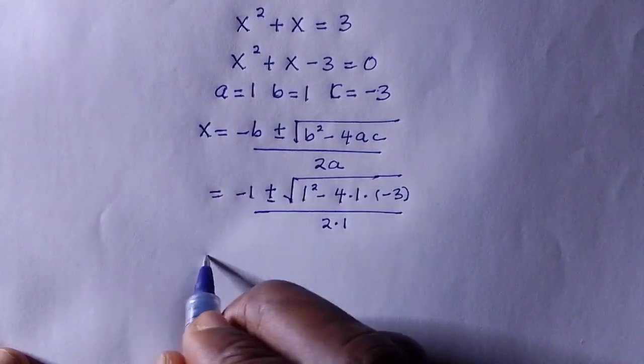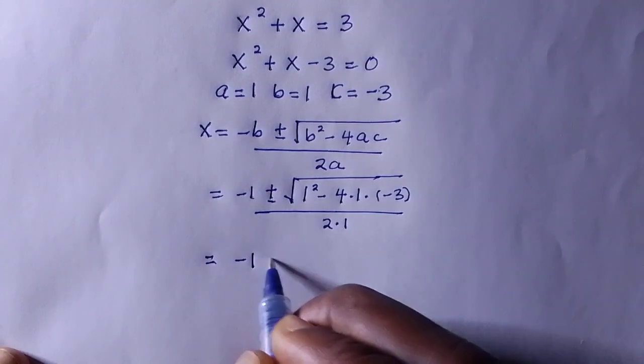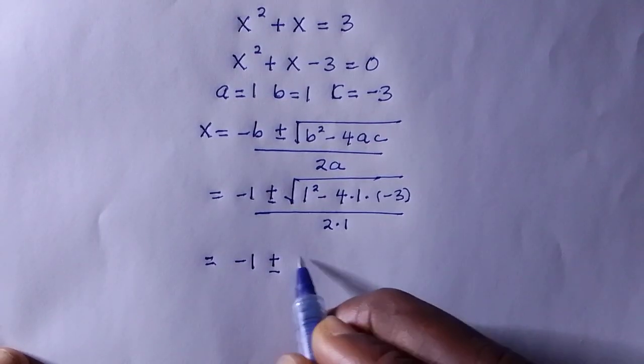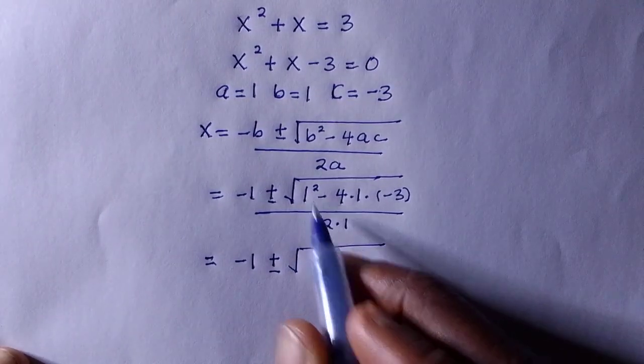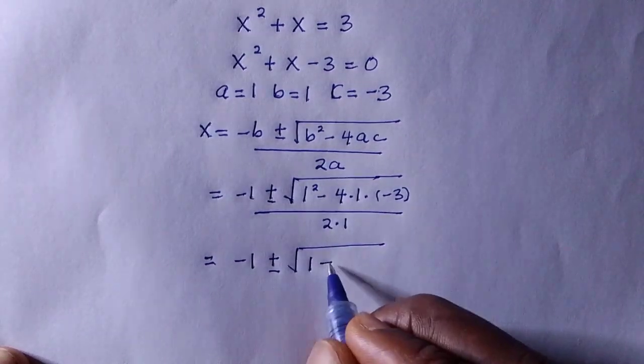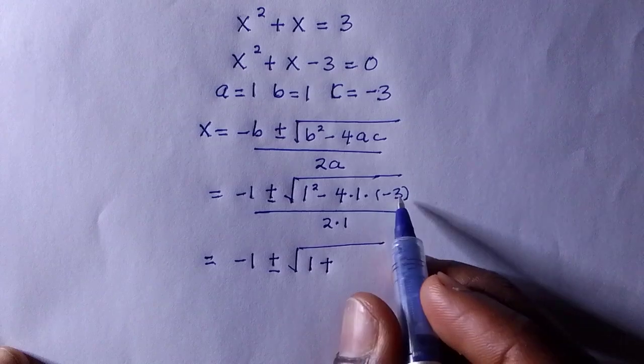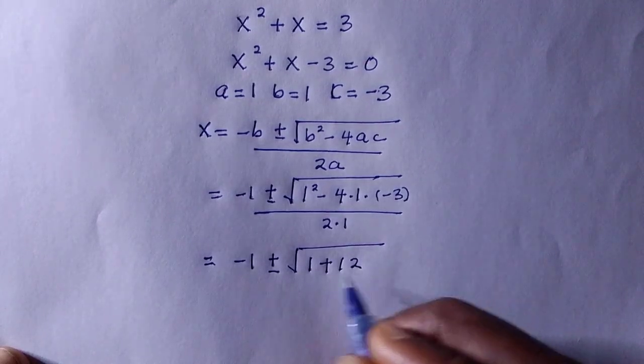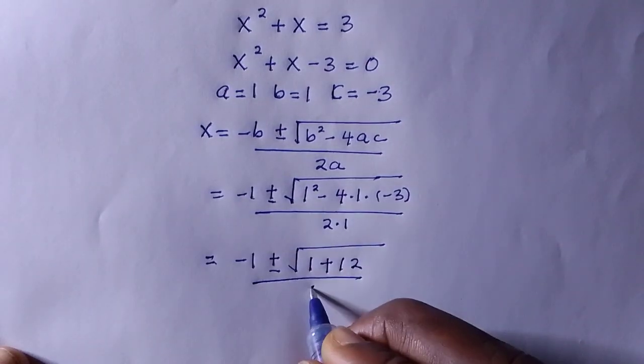Then we have -1 ± the square root of 1 squared, which is 1, then minus multiplied by minus, we get plus, so 4 multiplied by 1 multiplied by 3, that is 12, divided by 2.